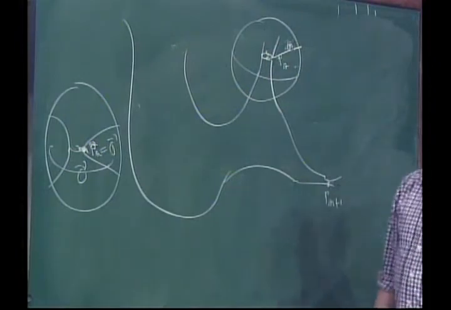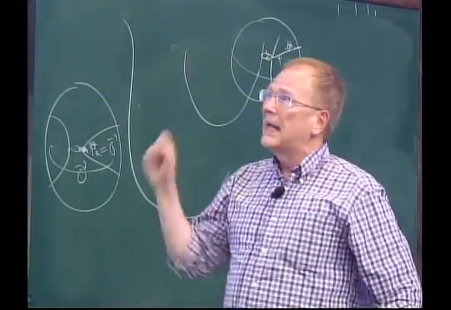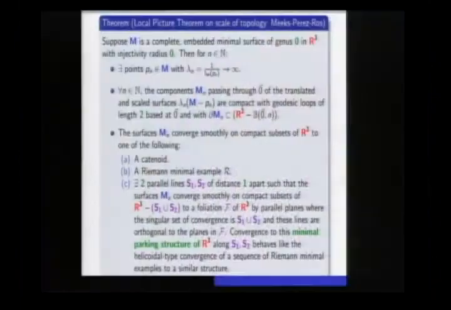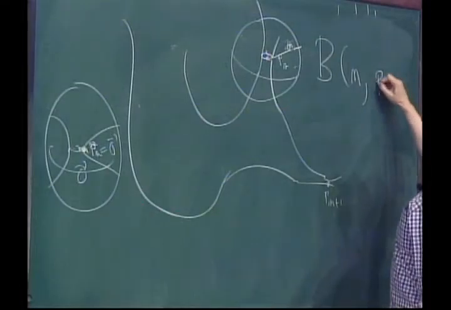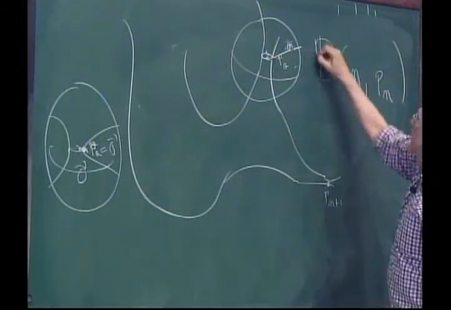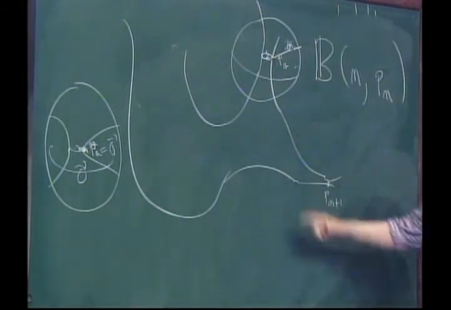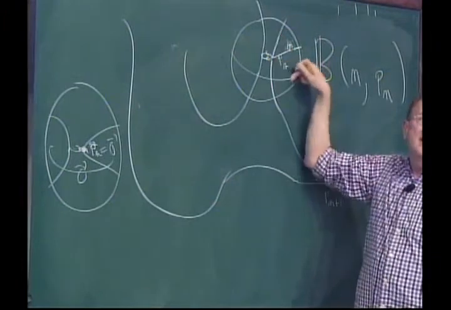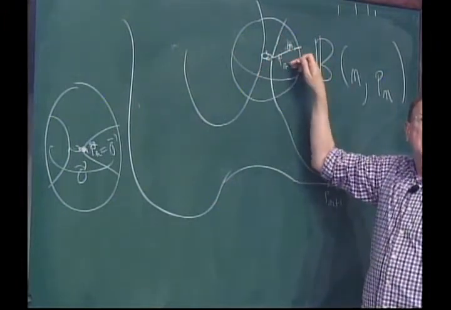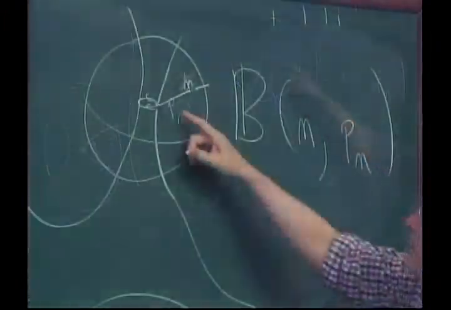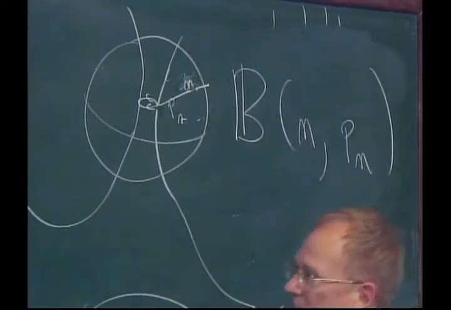So the first property is that I can pick the points so that when I look at how the surface intersects this ball of radius n, I stated it slightly differently. So I look at the ambient ball. Then I actually intersect this ambient ball in a compact set after expanding it.